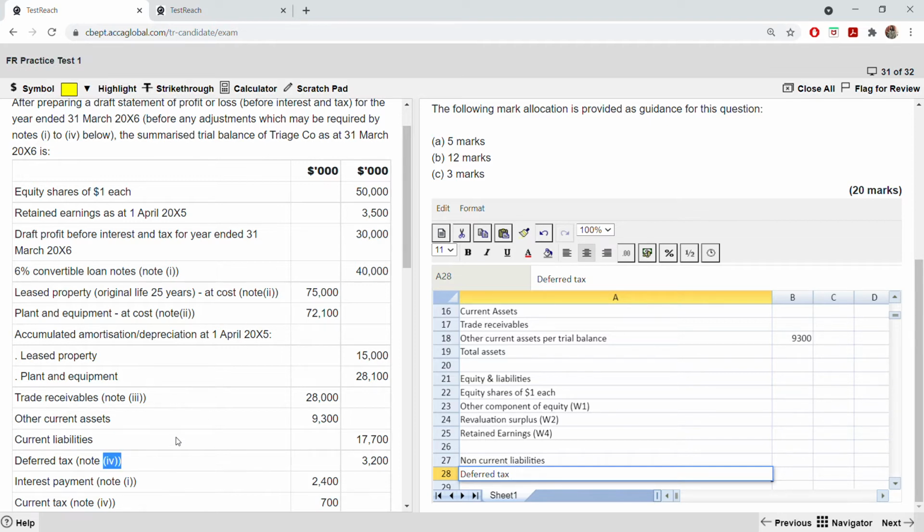So for that we have working 3 for deferred tax. Then what is another non-current liability? Remember working 1, the convertible loan note. So that convertible loan note is also a non-current liability.